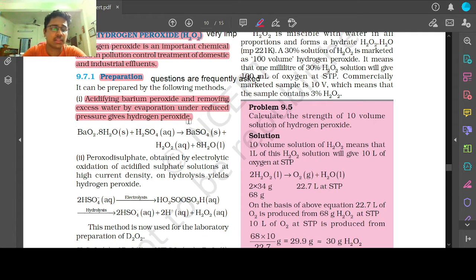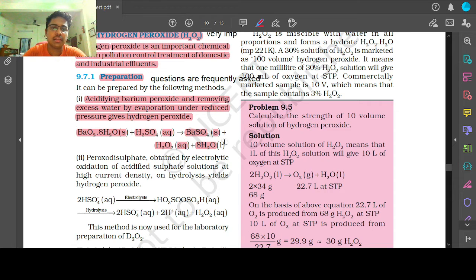This is a very famous question. So BaO2.8H2O is acidified with dilute aqueous H2SO4. It gives BaSO4 plus H2O2 plus 8H2O. Learn the entire balanced reaction. This is an acid, and this is barium peroxide.